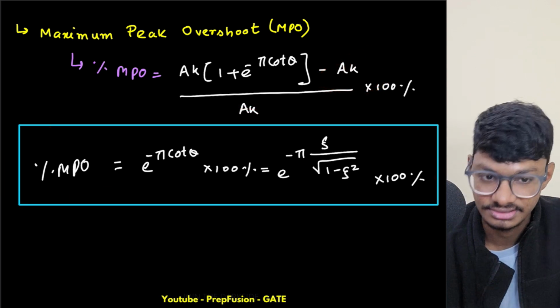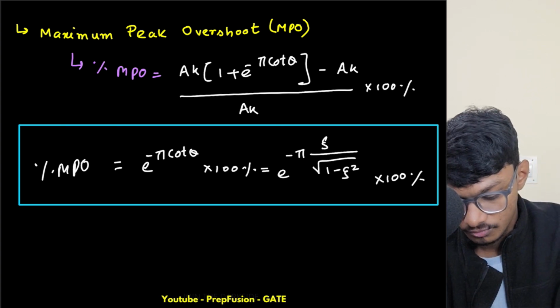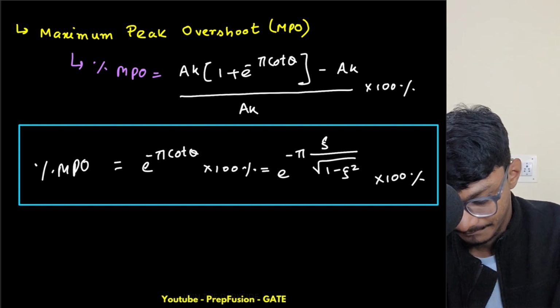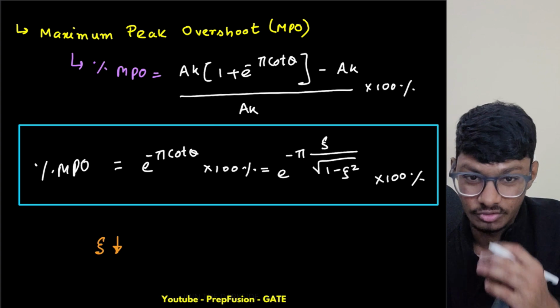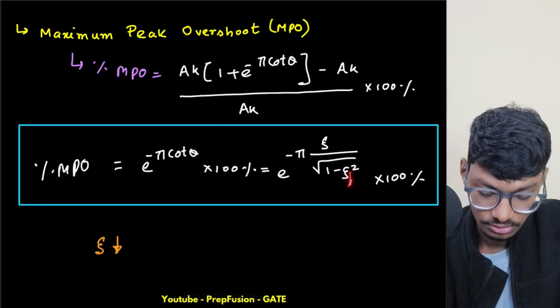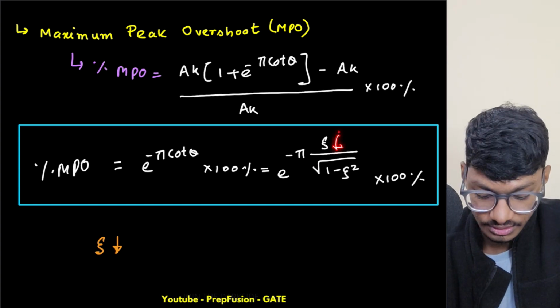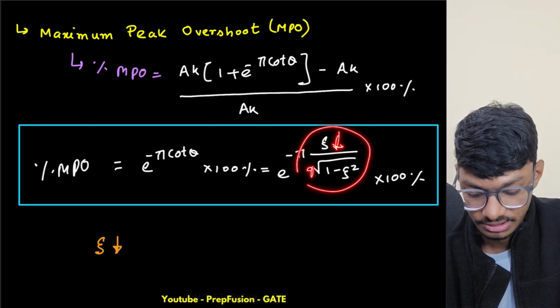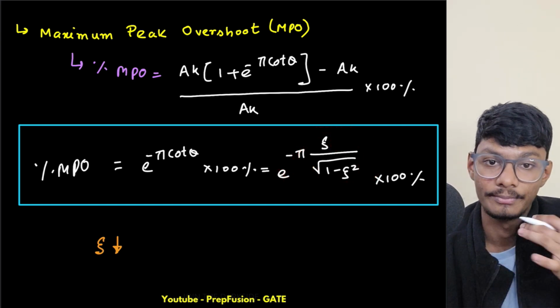Now what is interesting here is that if you reduce your zeta, what will happen? Sorry for that sound. If you reduce your zeta, then this will increase, and this will reduce. Now if this reduces and this increases, overall this thing reduces. So if this is reducing, then what is happening? Your MPO is increasing.